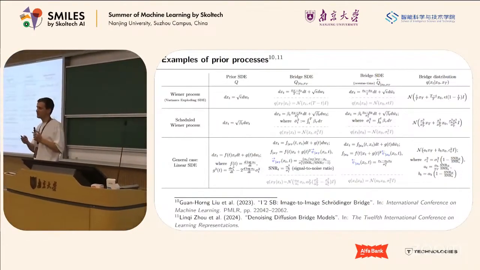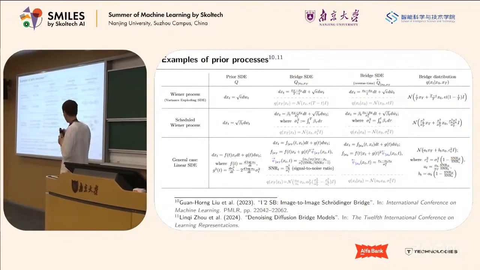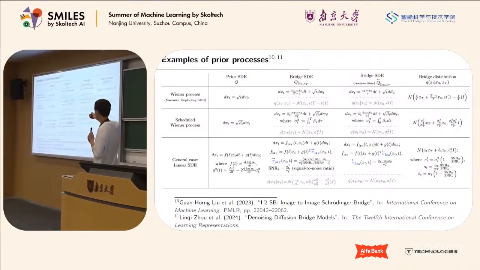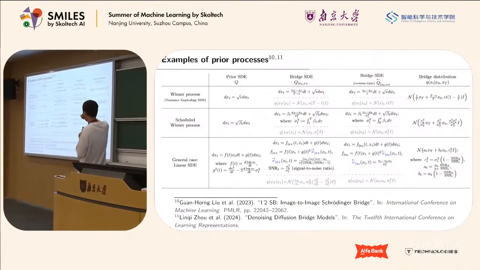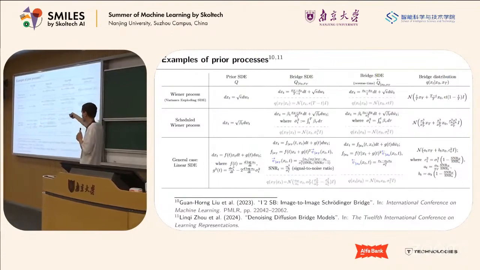Roughly speaking, what this table explains: suppose that you have some initial process with which you work. For example, it's usually called a prior stochastic differential equation, which describes your dynamics. For our construction, we need to know the diffusion bridge. And for this diffusion bridge, for the most common cases which are used in diffusion models, there are also closed formulas for how to compute this bridge.